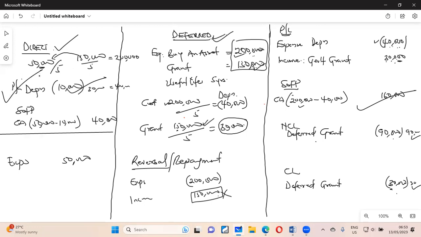And this is the explanation to it. They can also decide to amortize the grant and defer it in the non-current liability and treat the full amount of the capital expenditure as the asset, like we've done here, 200. So it is this thing we have done which you are going to put into English. That's all.